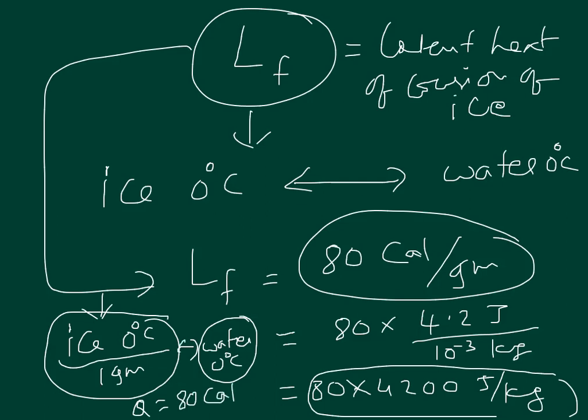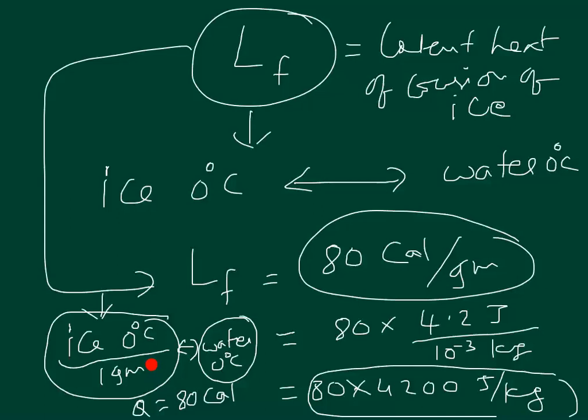Either water at 0 to ice at 0, or ice at 0 to water at 0, observe carefully, of 1 gram. 1 gram of ice to water or 1 gram of water to ice. How much heat energy is required?